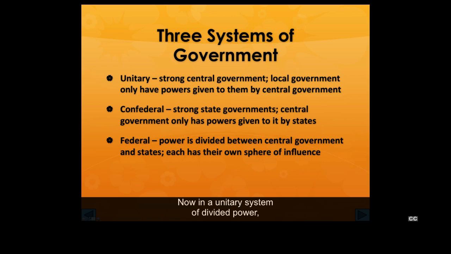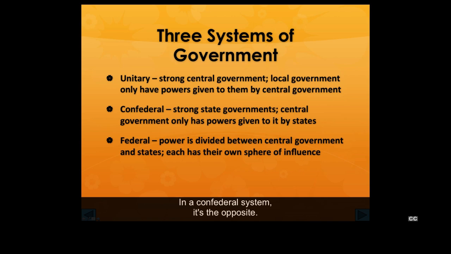Now, in a unitary system of divided power, the division is not required. It's that the strong central government has all of the power given to it, and if there is going to be a division of power, it is going to be because they give power away to local governments or state governments. So power flows one way.